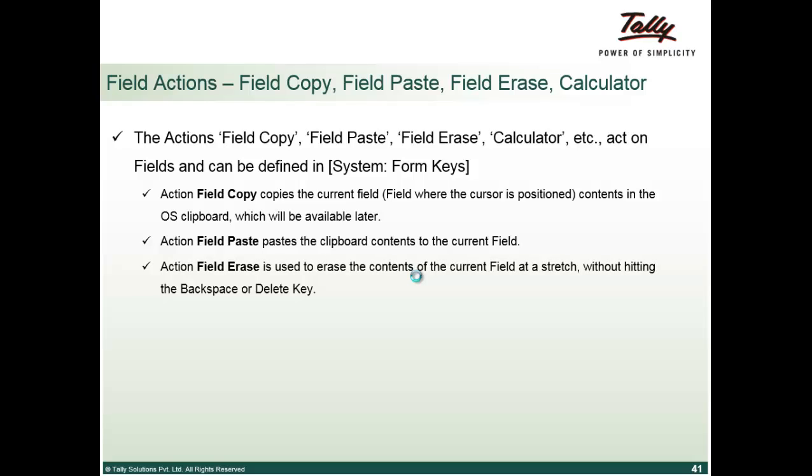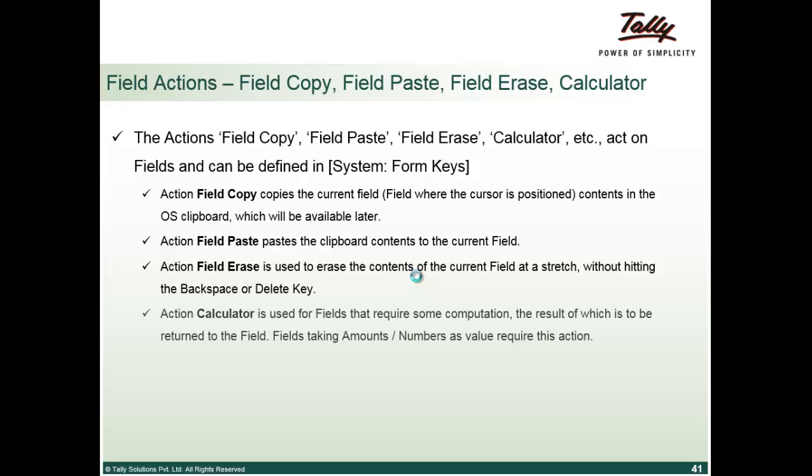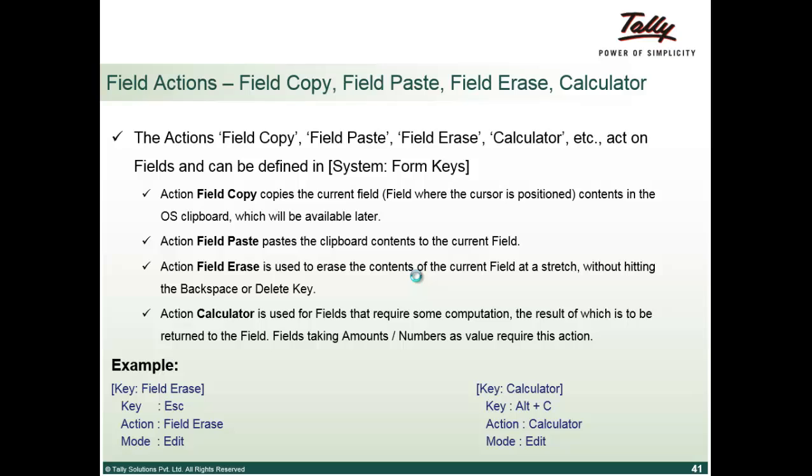And action field erase is used to erase the contents of the current field at a stretch without hitting the backspace or delete key. And action calculator is used for fields that require some computation, the result of which is to be returned to the field. Fields that take amounts or numbers as values require this action. So this is an example.